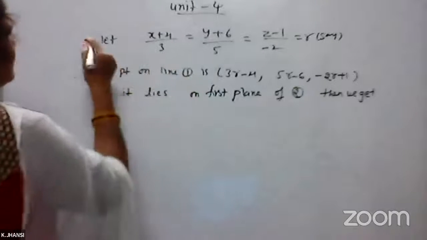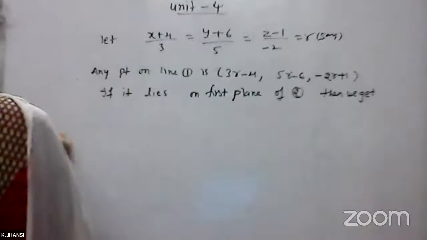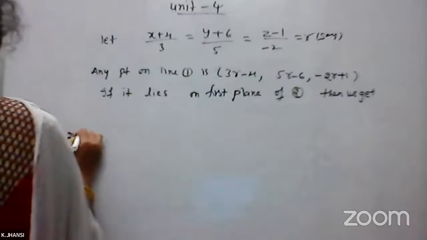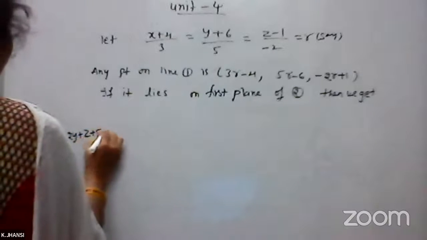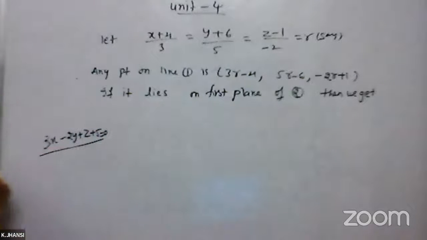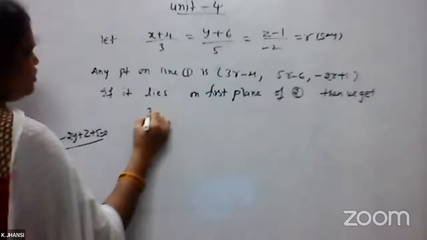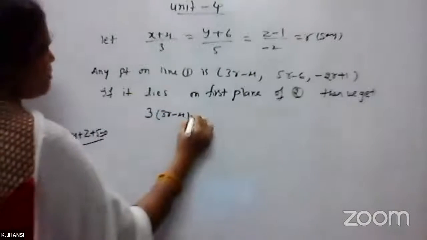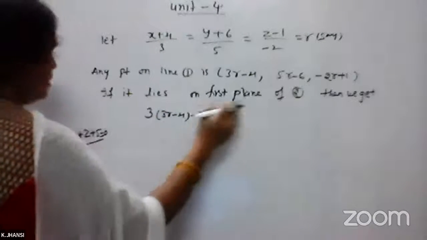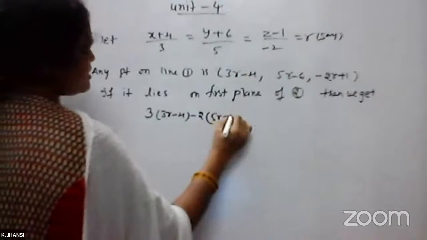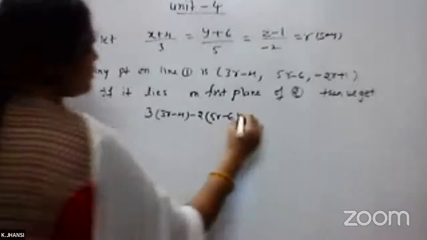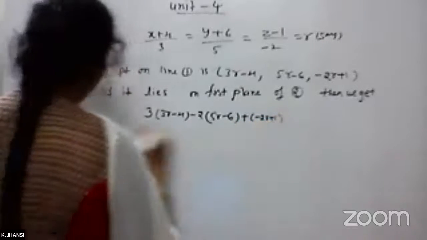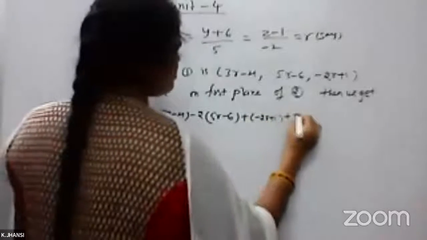So what was the first plane equation? It is 3x - 2y + z + 5 = 0. Okay, this is the first plane equation. So 3(3r - 4) - 2(-5r - 6) + (2r + 1) + 5 = 0.